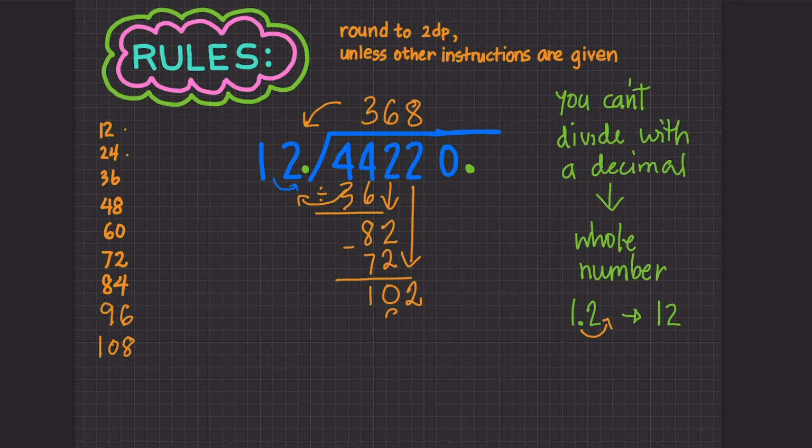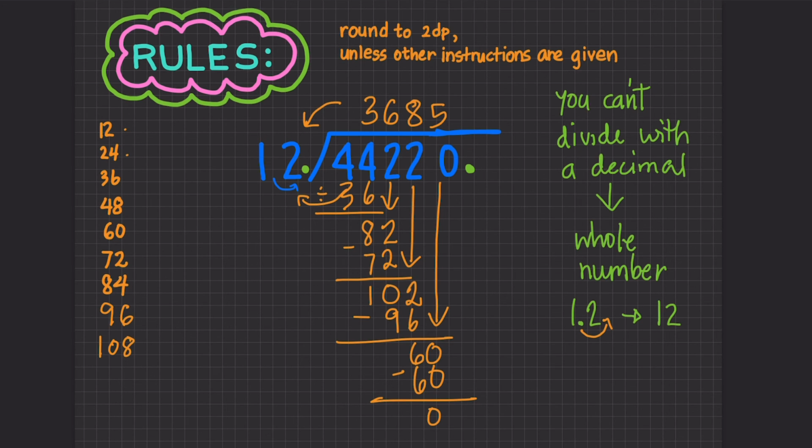Let's put in 96, and we subtract. That's 6. Then we need to continue on. Bring down the 0. 60. There is 60, so that's 1, 2, 3, 4, 5. That means there are 5 sets of 12 in 60. And that's it. So this is the answer, the quotient.